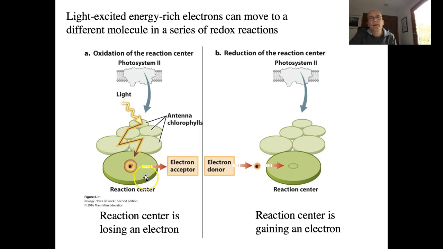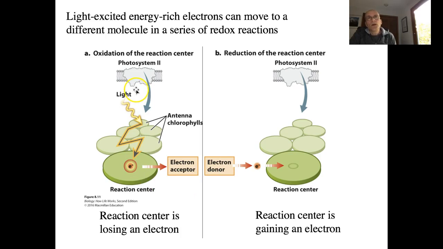And that electron now can move away and go somewhere else. If it goes to an electron acceptor, a different molecule, not a chlorophyll, that accepts the electron, then that leaves this with a hole of electrons. It's suddenly missing an electron, so it has to get the electron from somewhere else, from an electron donor.